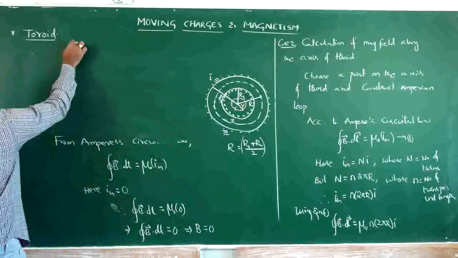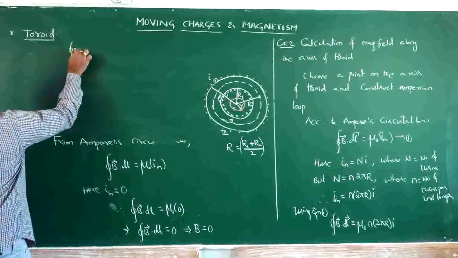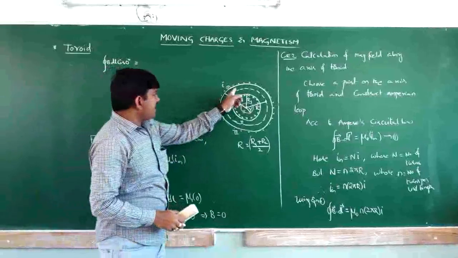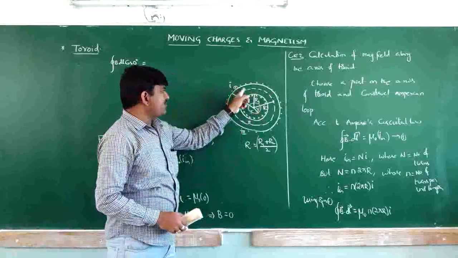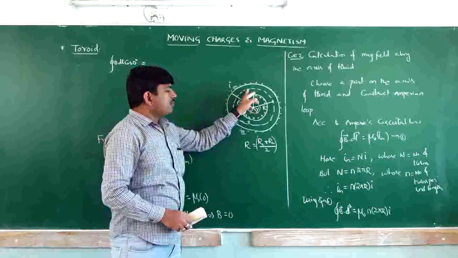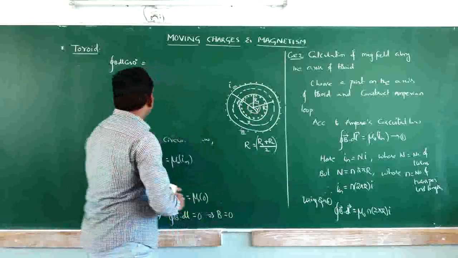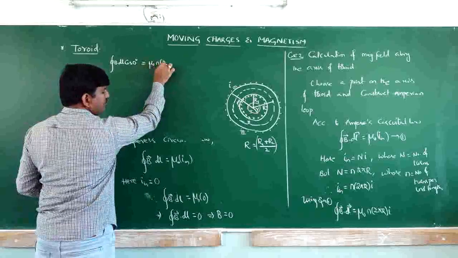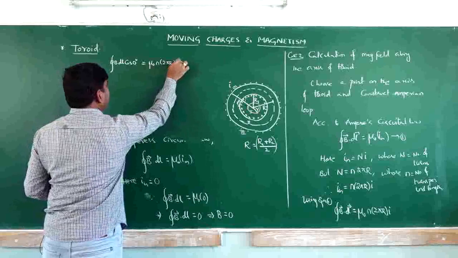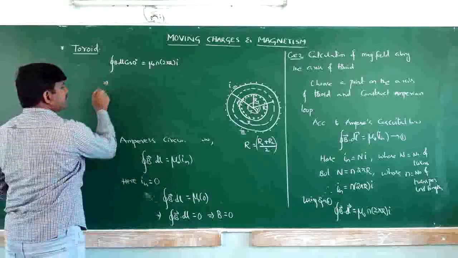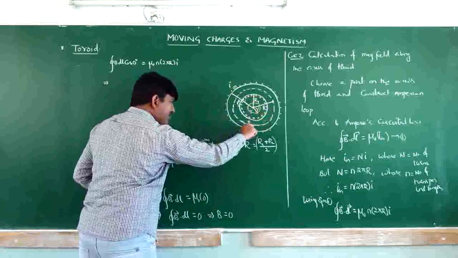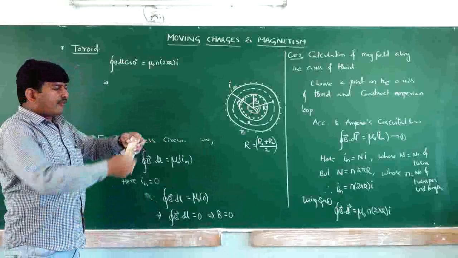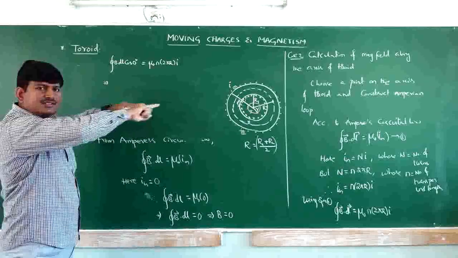That is nothing but the closed integral of B into dl into cos 0 degrees. Why? Because here the magnetic field is tangential to this loop and the length element is also tangential. Therefore, the angle between B bar and dl bar is 0. So, I can write mu naught into n into 2 pi r into I. Along this axis, at every point the magnitude of the magnetic field is the same, because when you extend it like this, we get a solenoid where the strength is the same.